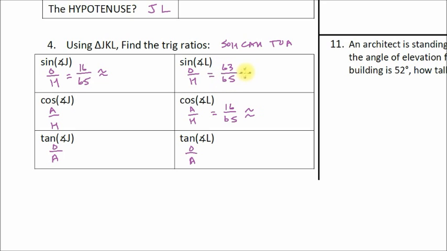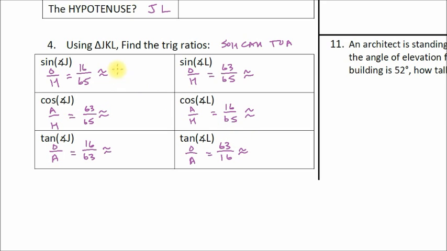Hypotenuse didn't change. And I know that cosine of angle J is going to be the exact same value. And then tangent of angle J, opposite of angle J is 16, adjacent is 63, and then we know that tangent of angle L is going to be the reciprocal. I can check those values, but I know it's going to end up being the reciprocal.